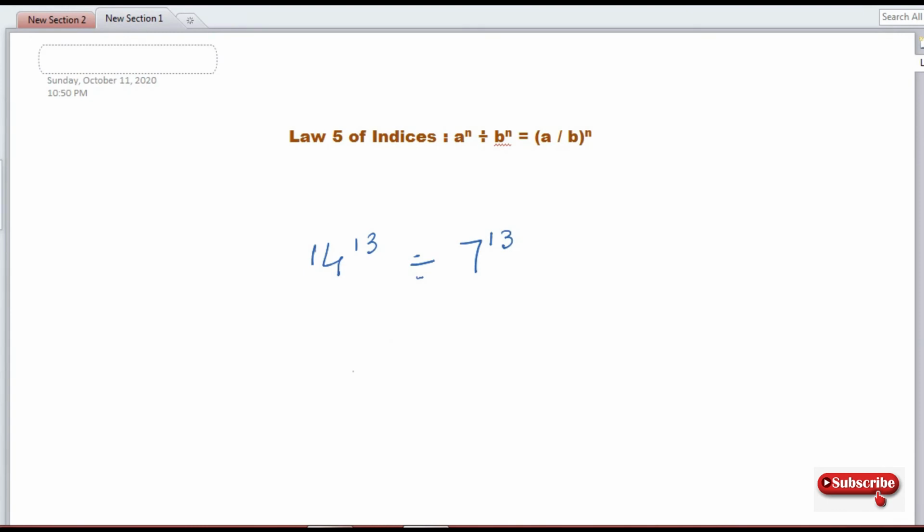We will apply the fifth law, which says you can write 14 upon 7 whole power 13. That means you can take power as common and write the values in brackets, and then further reduce: 7 1s are 7, 7 2s are 14. So 2 power 13 will be our simple answer.